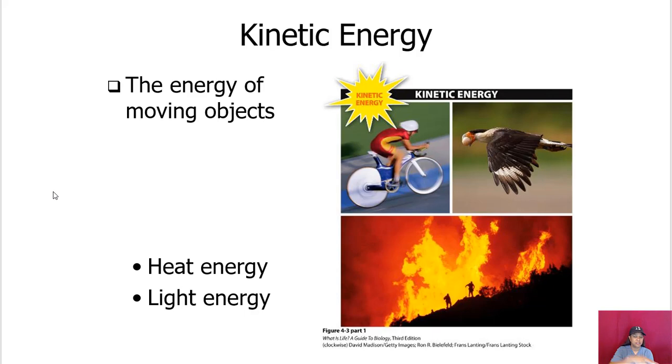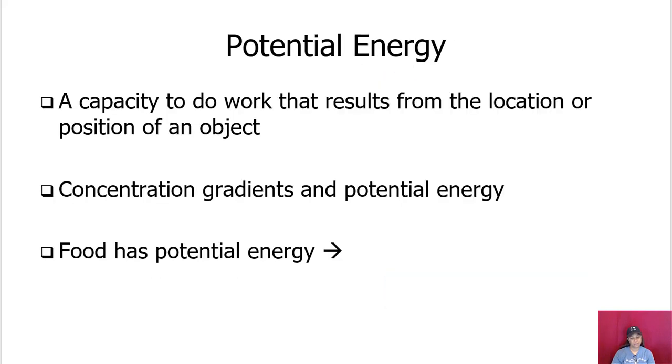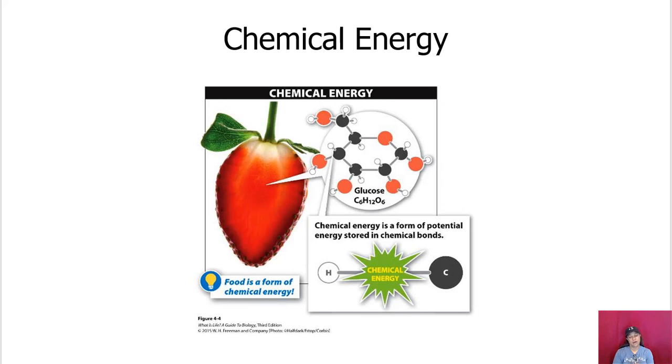We have these photons of light that are moving, and so that's kinetic energy. And potential energy is this capacity to do work that results from the location or the position of an object. These concentration gradients can have potential energy. Food has potential energy. So the bonds also have energy.